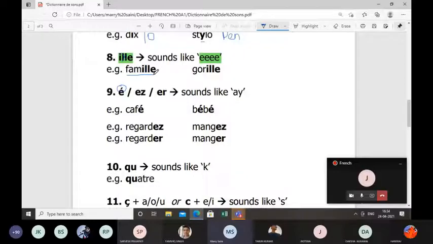Famille means family. And then here you have "gorille". Gorille is gorilla. We do not pronounce this double L. That's why the "ee" sound will be there.